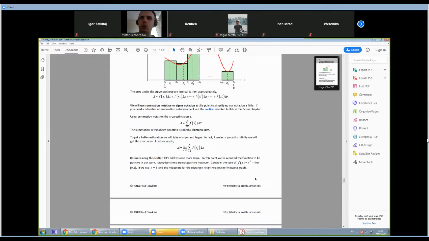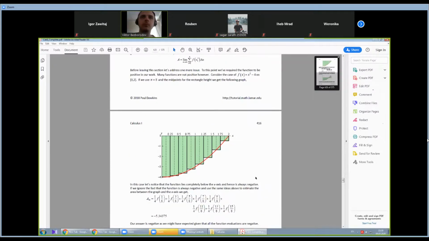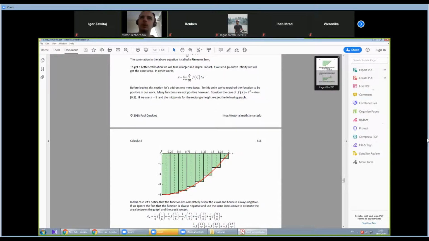Okay, so now let's also talk about this. I talked about the area, but this is true when we talk about non-negative functions.